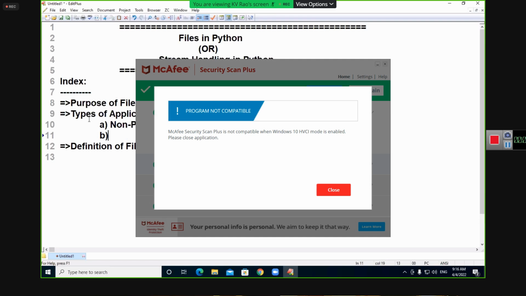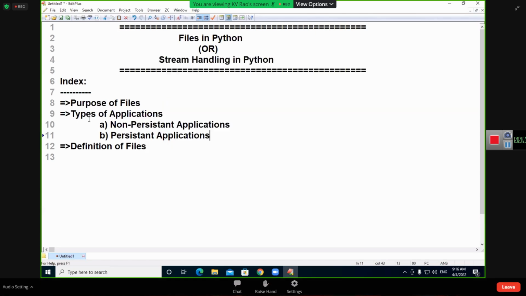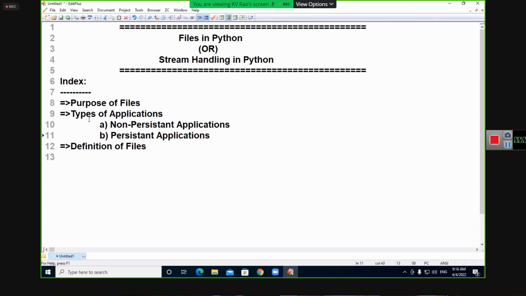Second is called what? Persistent applications. Two types of applications: one is non-persistent applications and second is persistent applications, right? Definition of file, we will take it.